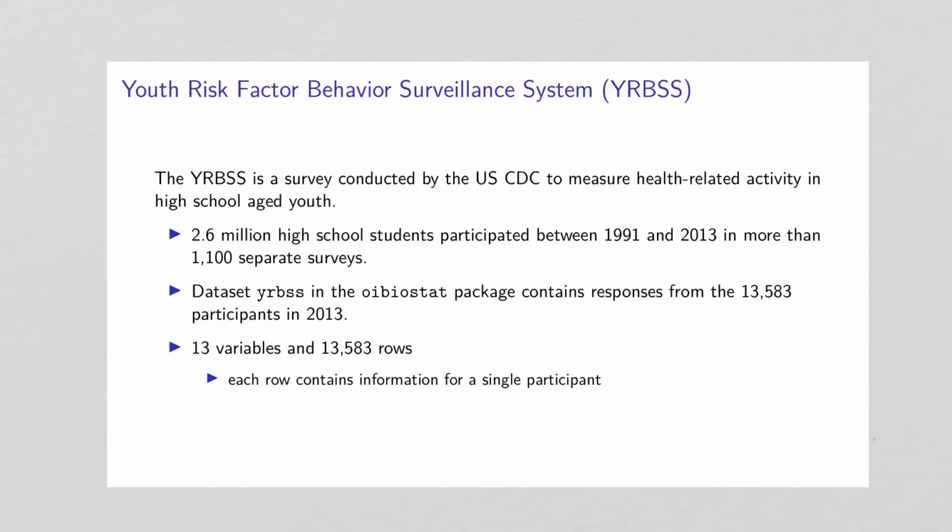It's a survey that the CDC uses every year, and it covers 2.6 million high school students who participated between 1991 and 2013 in more than 1,100 separate surveys. It's still going on today, but the data that we have here are for those. The data set in the Biostat package in R contains responses from 13,583 participants in 2013, with 13 variables, and the rows correspond to the number of responses.